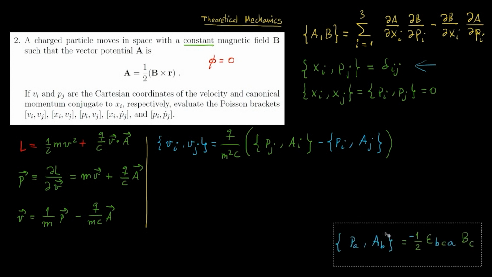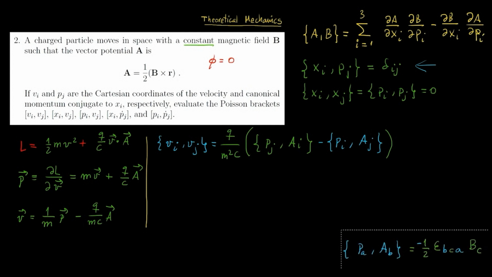So using this calculation, we can now finish our previous calculation. q over m squared c times the bracket with indices j, i. So minus 1/2 epsilon j i, so a is j and b is i. Perfect.